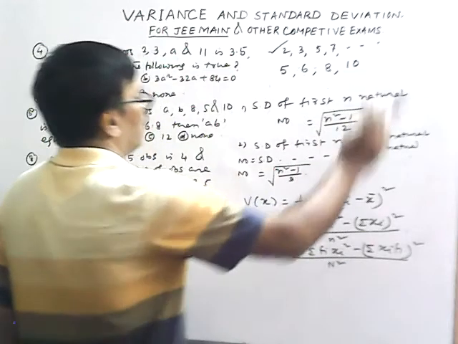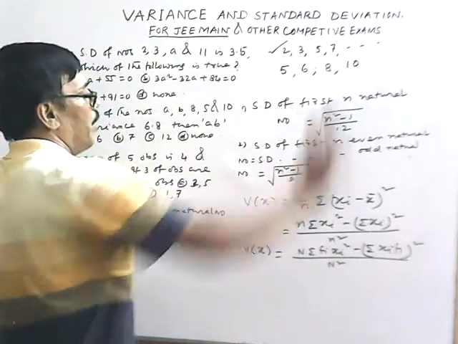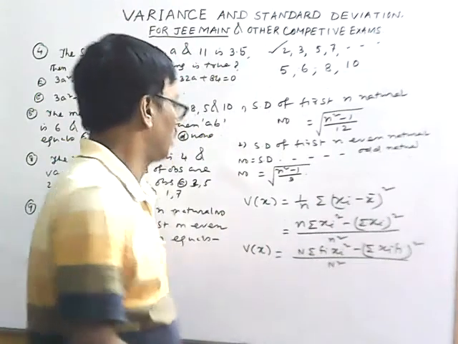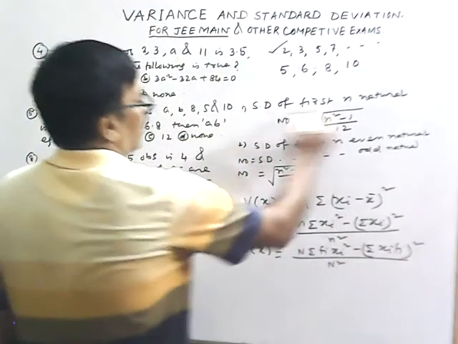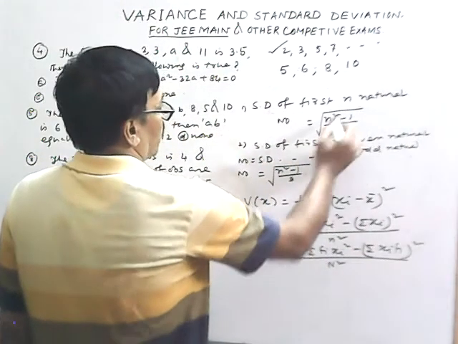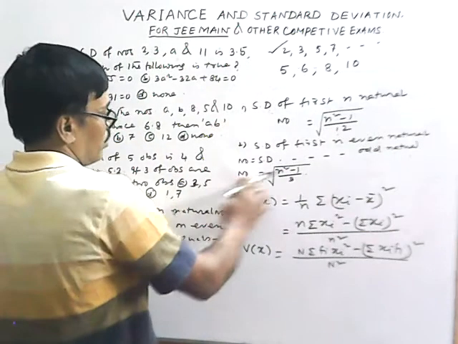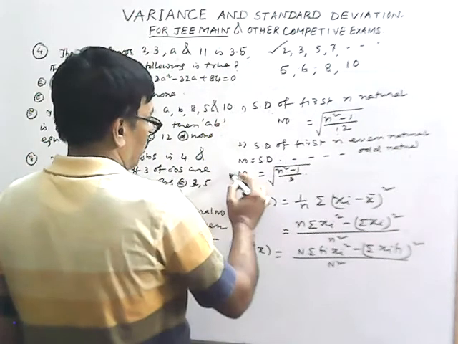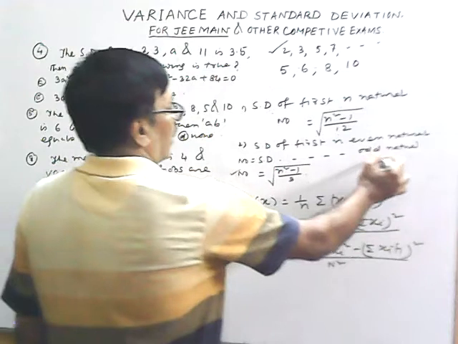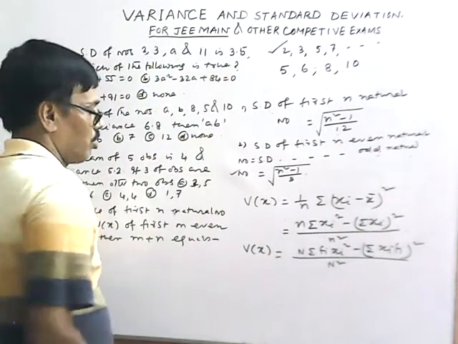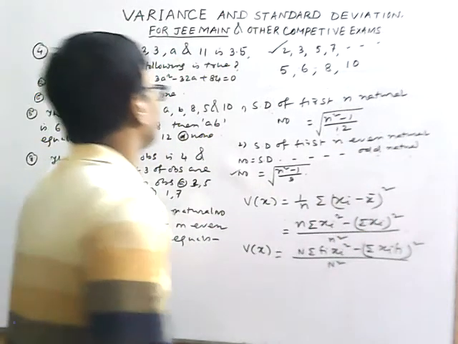Two important properties: standard deviation is independent of change of origin, and it depends on change of scale. The standard deviation of the first n natural numbers is root of (n square minus 1) by 12, and for the first n odd or even natural numbers it is root of (n square minus 1) by 3. And this is the shortcut rule.